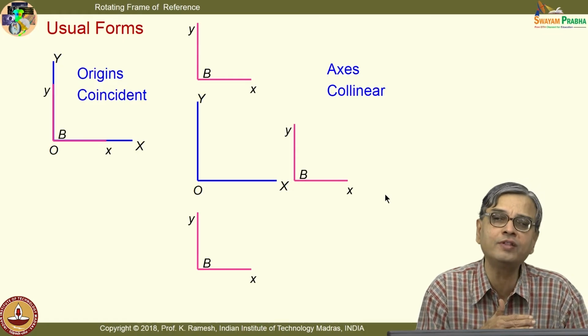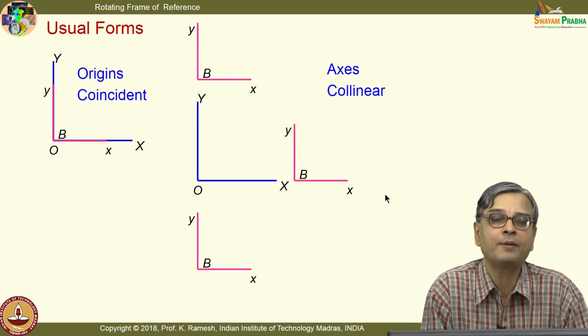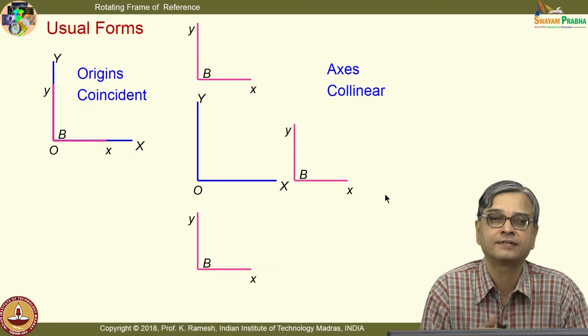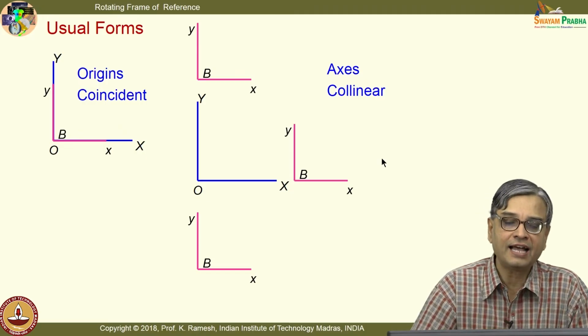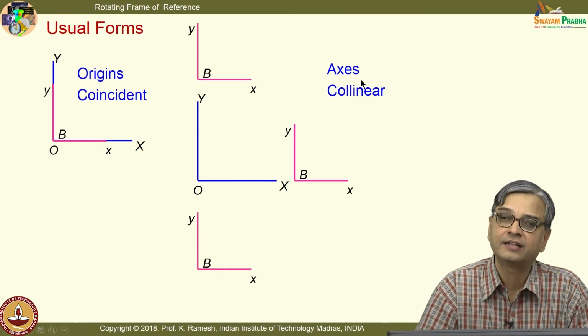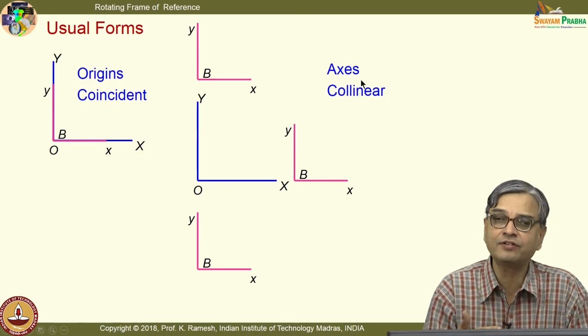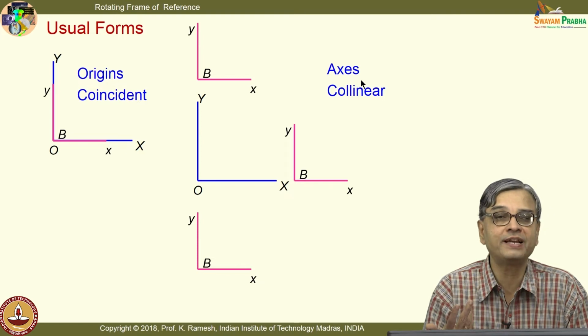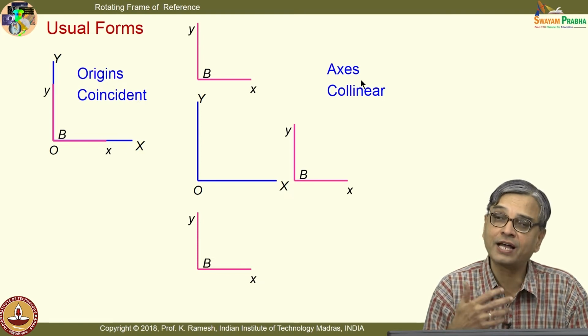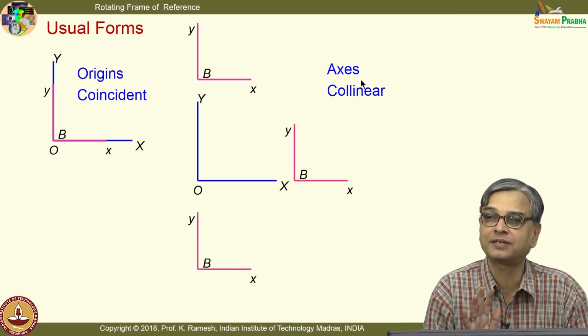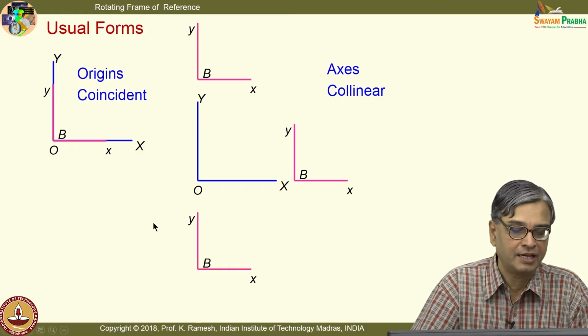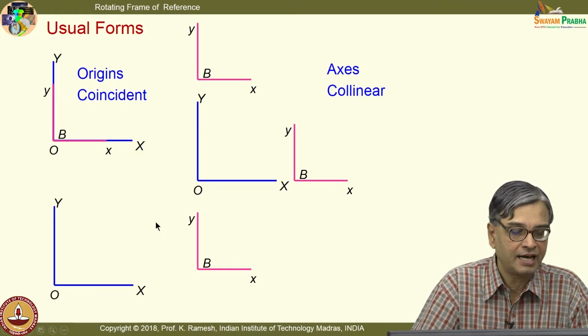In order to remove that mental block, what I am trying to bring out is, here the axes are collinear. The axis can have a clockwise rotation, anti-clockwise rotation, as well as the speed can differ. It can also have acceleration, all that is possible. Then I have another possibility.